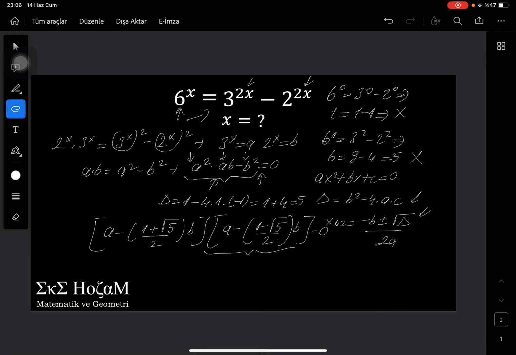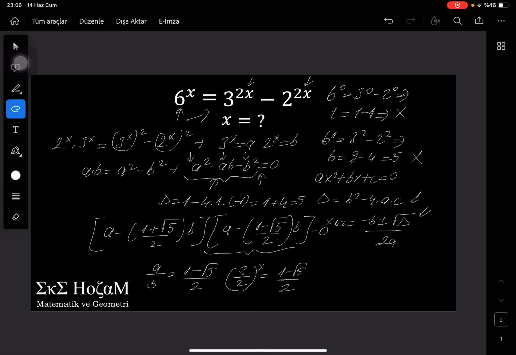Let's assume that a divided by b equals 1 minus square root of 5 divided by 2. And I already know that a and b are 3 to the x and 2 to the x. Therefore, 3 divided by 2 to the x will be 1 minus square root of 5 divided by 2.